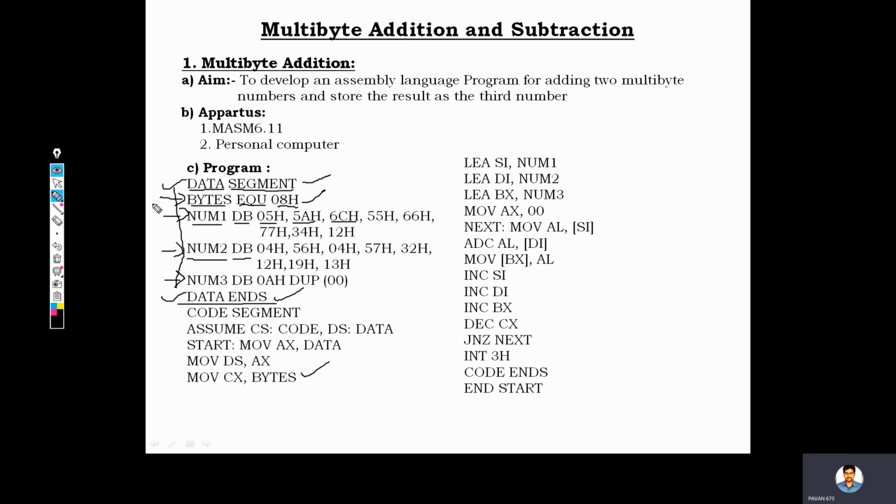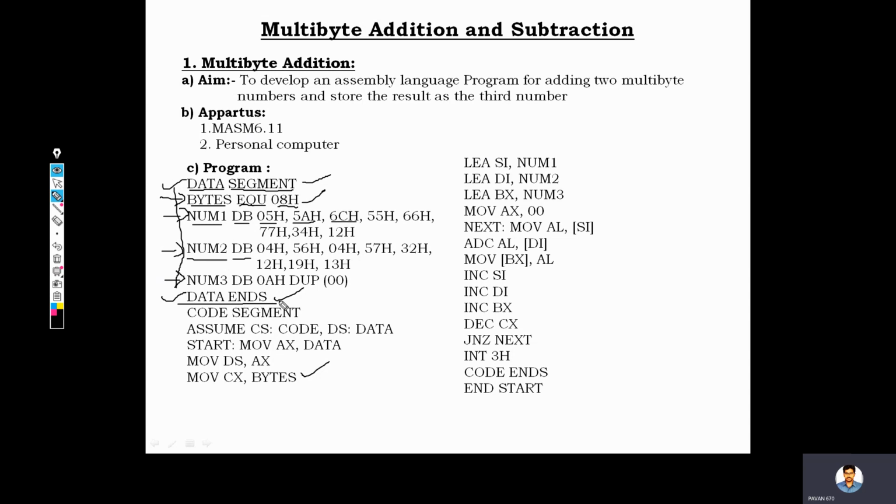After these declarations and initialization of values, we are closing the data segment, because we have defined whatever values are required to perform the addition. Next we need to write the logic. That's why we provide the statement data ends, where ends indicates end segment.